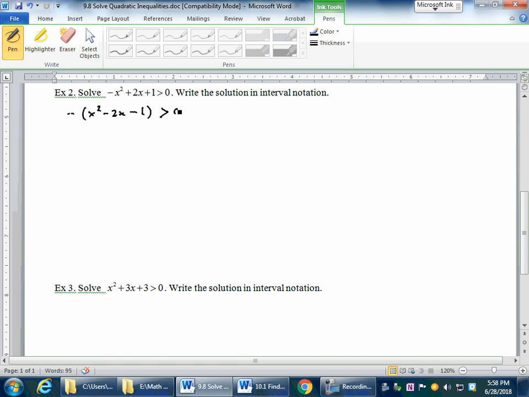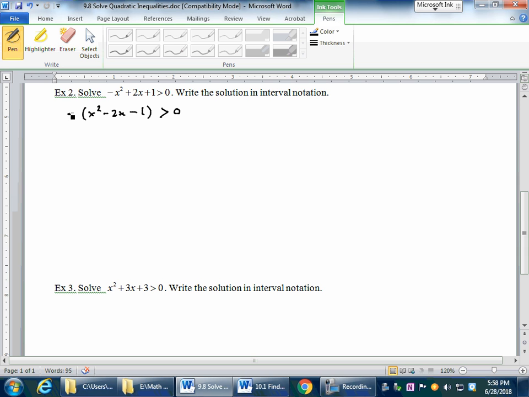Now I want to continue on this problem, and notice that this is not factorable. So we're going to have to use the quadratic formula to find out where my zeros are.